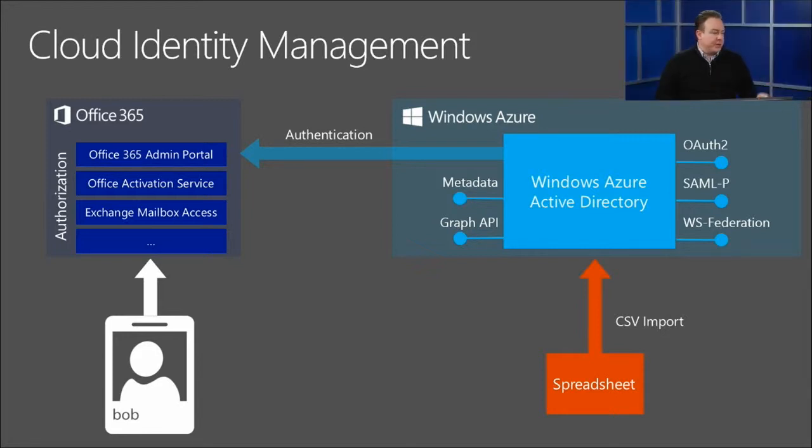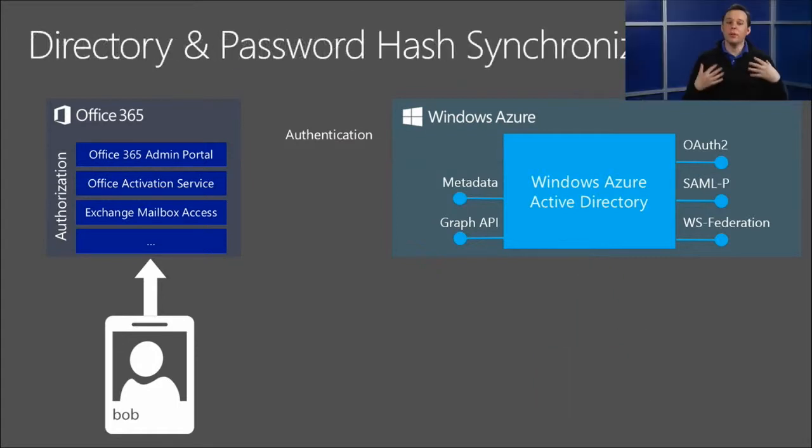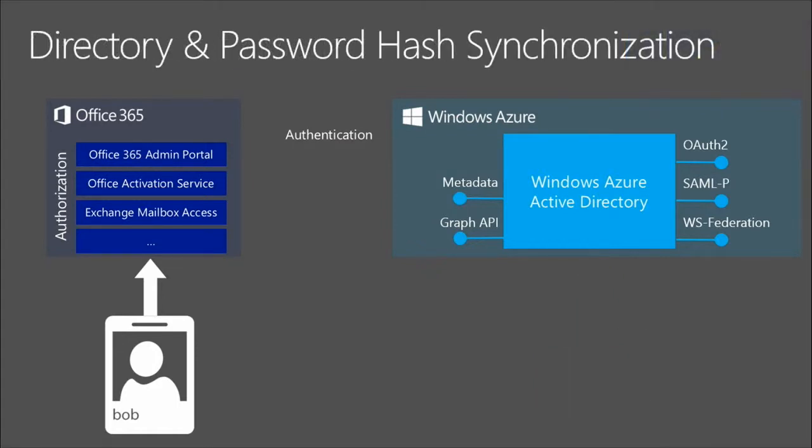Exactly. You can do that really quick CSV upload, bulk import, and your users are ready to go. That's right. So as we move beyond that, we get into this next model of directory and password hash synchronization. I like to call it the password hash specifically, because when we say password sync, it's not like we're copying your passwords up off premises into Windows Azure Active Directory.